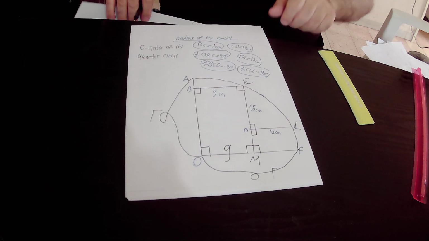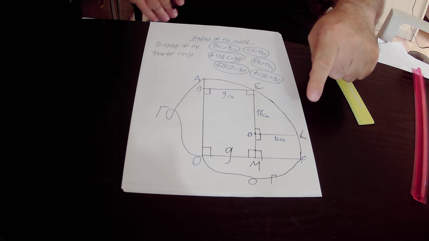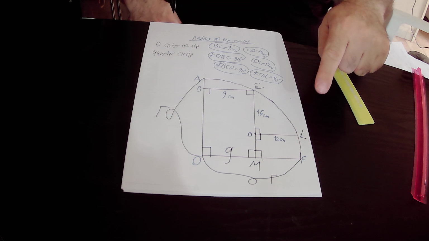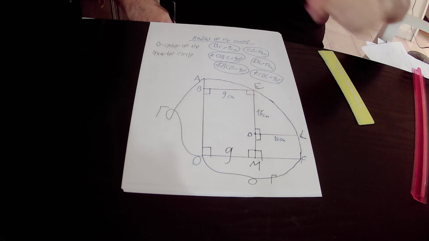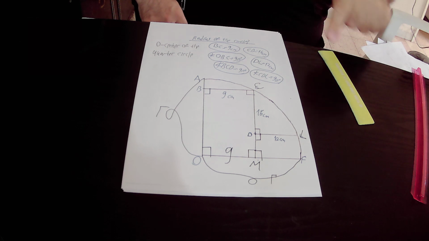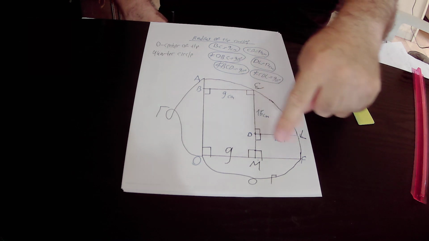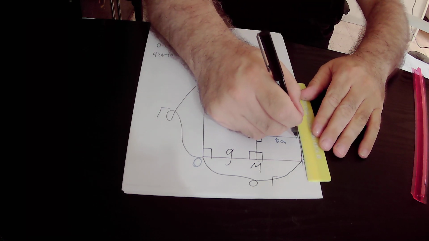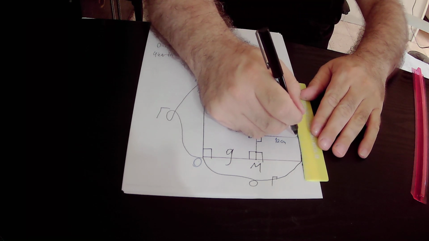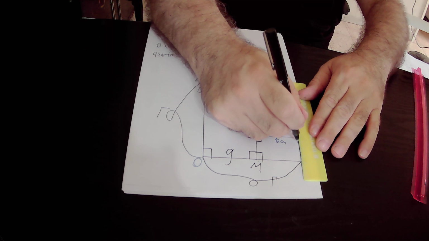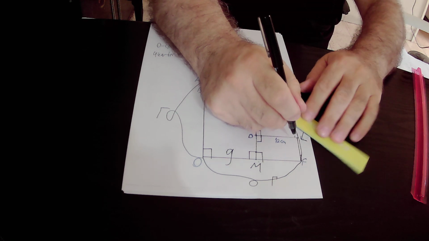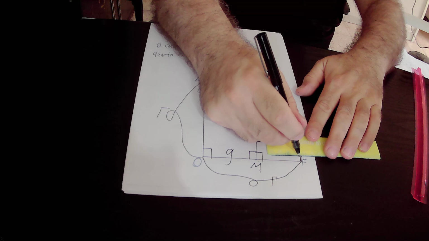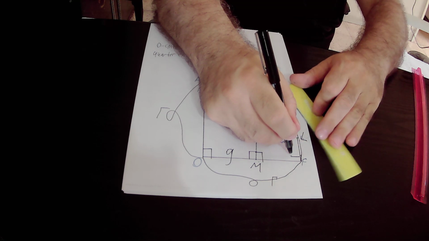In the next step, we will do a construction from point L. We will draw a perpendicular onto the radius OF. Okay, I'll read again. From point L, we will draw a perpendicular onto the radius OF. So here, this angle equals 90 degrees according to our construction.